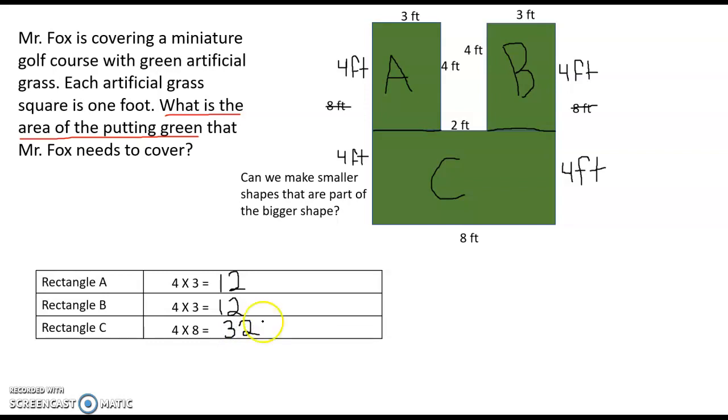So now that we found the area of each of the smaller shapes, we need to add them together. So we're adding 12 plus 12 plus 32. I know that 12 plus 12 is 24.